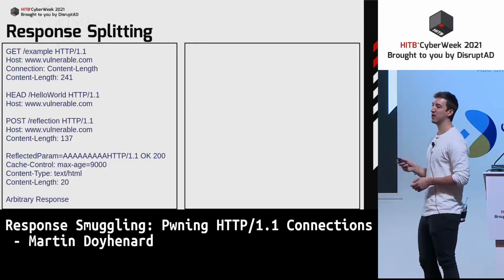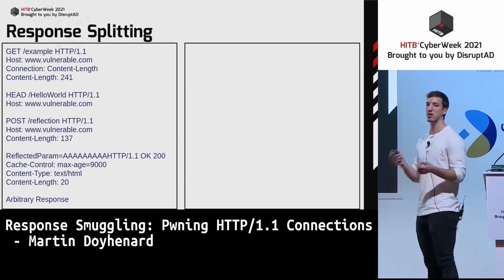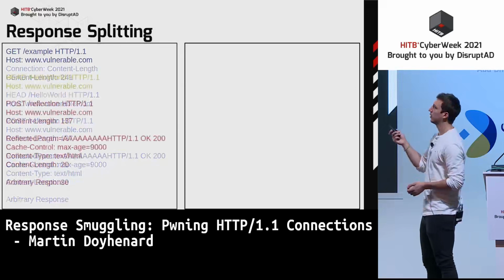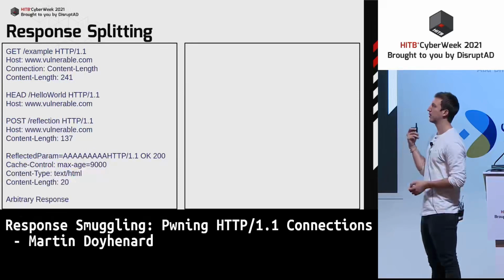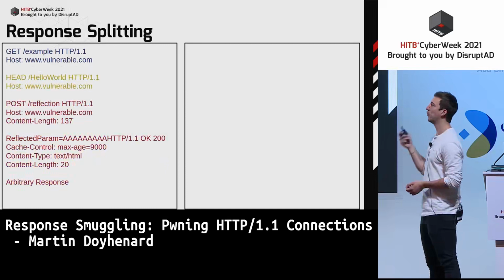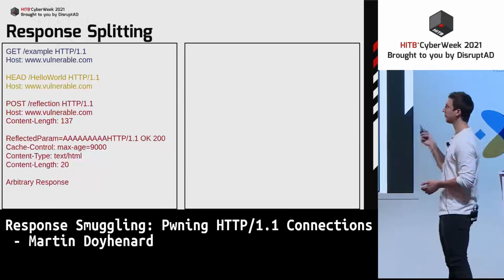But what if instead of using these bytes to close the connection, I use them to create a new response? So again, let's say that I send this request to the backend server, which will be forwarded as one, but will be split into 3 different requests by the backend.